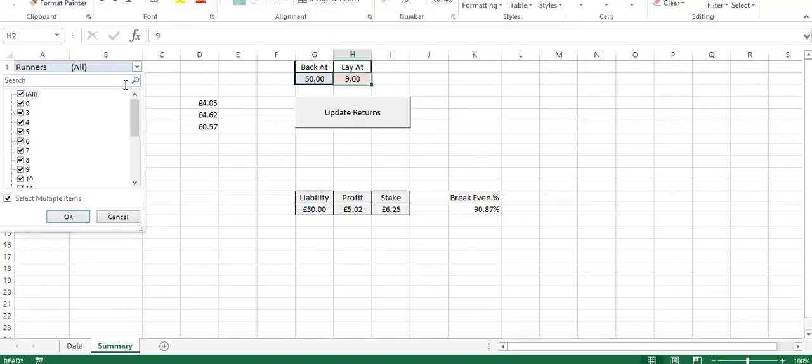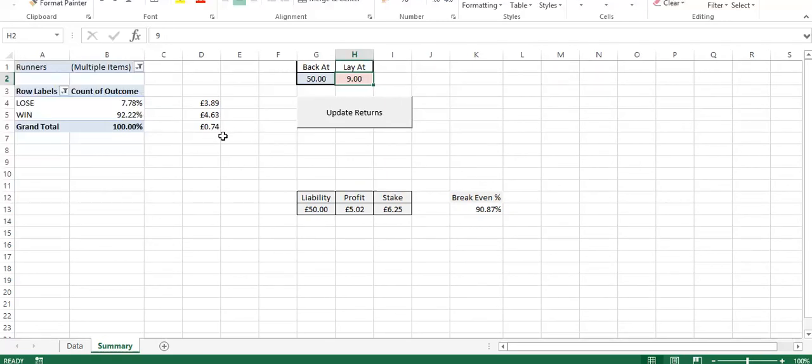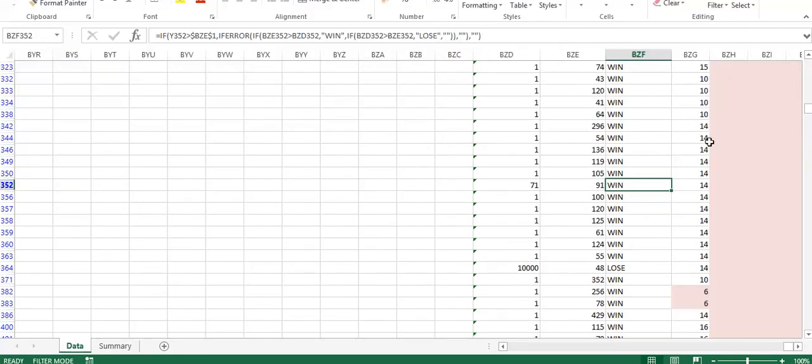So we can then look at the number of runners in the race, and perhaps we want to look at races only that had 10 or more runners in it. And you can see then that the profit jumps up to an average of 74 pence per race. So this is where I've knitted together data that we already have in our data archive, so we can output that to find the number of runners in the race.